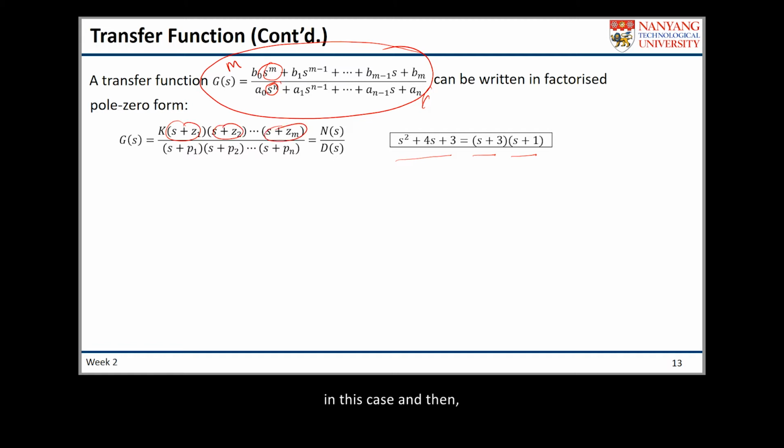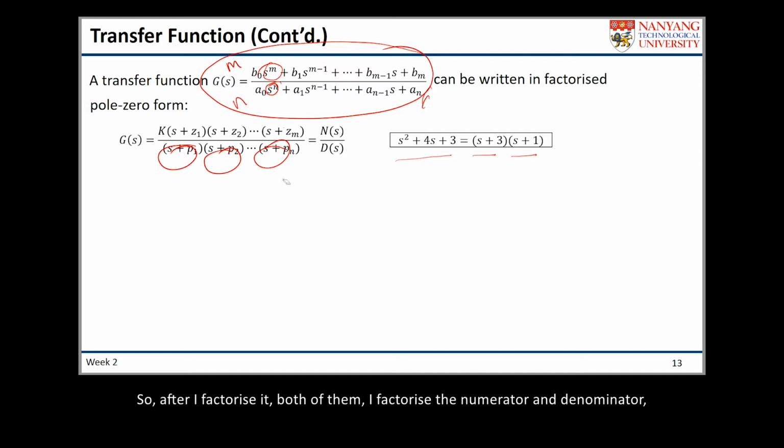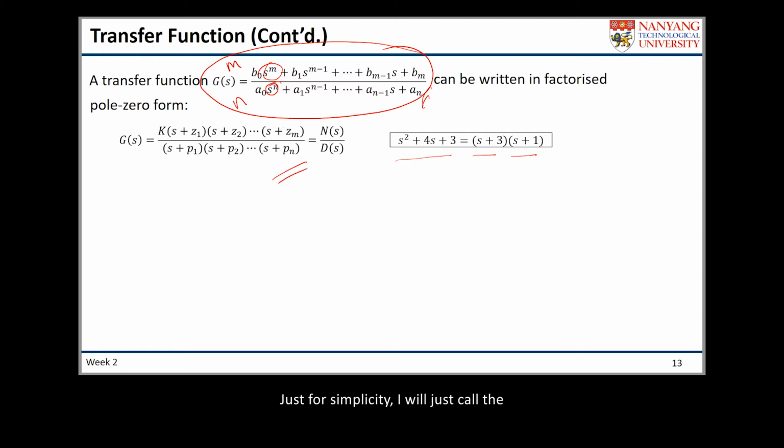For the denominator, we have an n-order polynomial, and if you factorize it, you will have n factors. After I factorize both, my transfer function of this generic system appears like this. For simplicity, I will just call the numerator Ns and the denominator Ds.